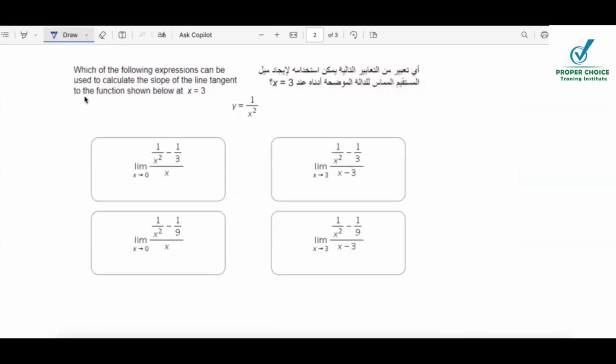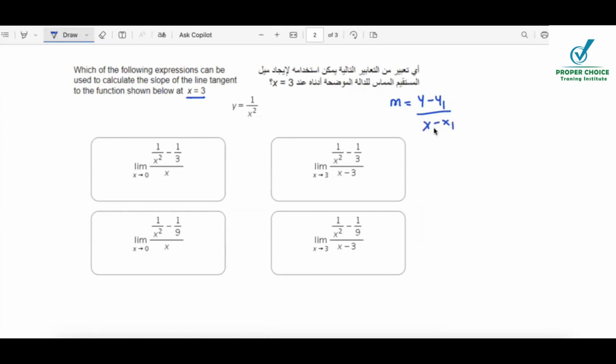Question number 3 says, which of the following expressions can be used to calculate the slope of the line tangent to the function shown below at x equal to 3? So they're asking which of the following represents the slope of the line. Let me tell you, the slope of the line can be written as (y minus y1) divided by (x minus x1).